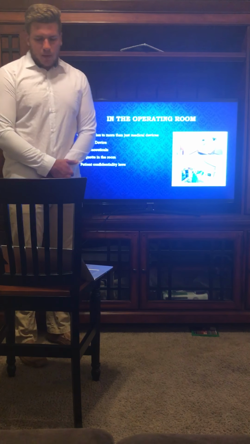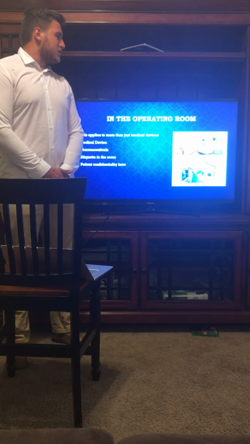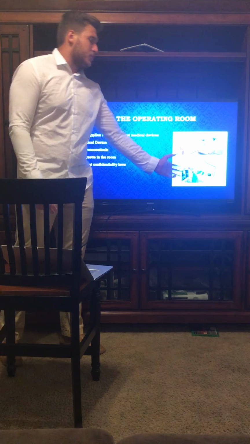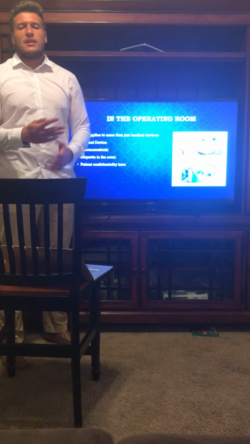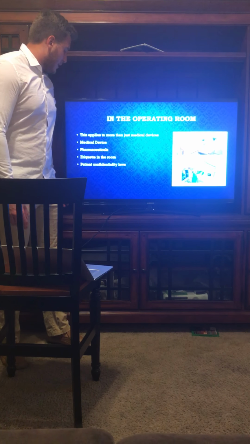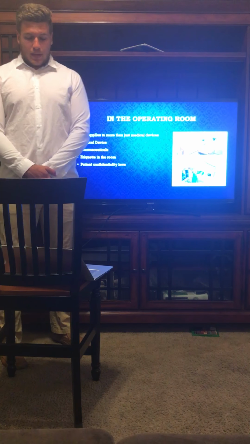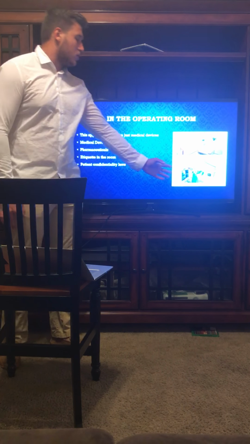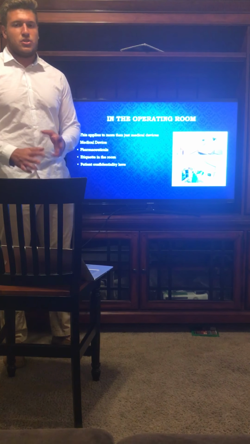Moving forward, in the operating room itself, this doesn't have to be a surgical room, this could be just a normal doctor's office. It really doesn't matter if you're selling something like diagnostics or if you're actually in the room with them with the medical device. If it was just medical devices, if you're in the surgical room, there are very strict procedures. You don't really have to worry about it.